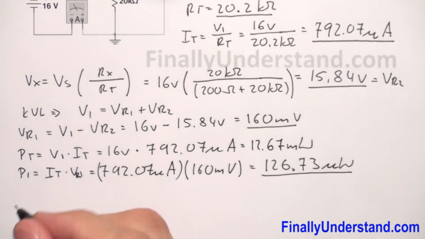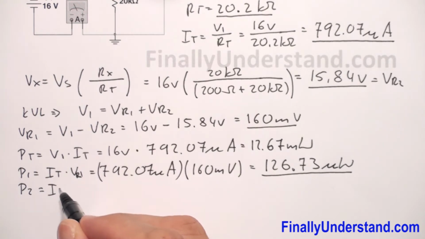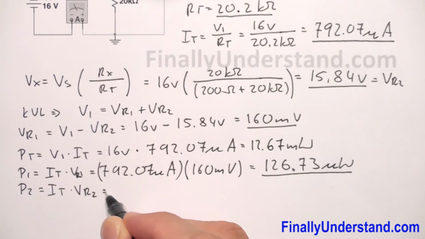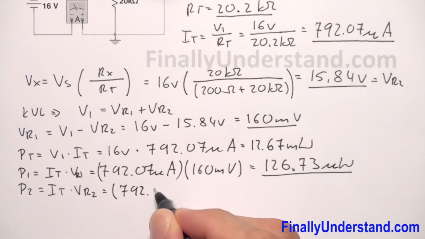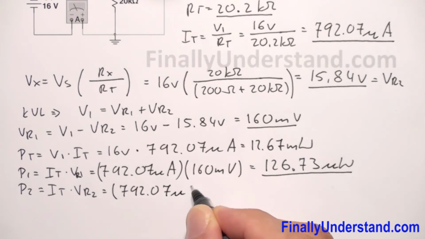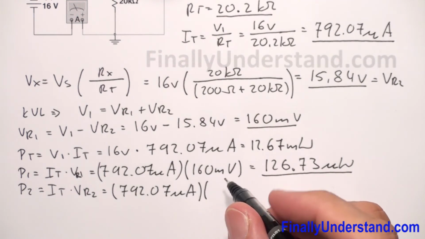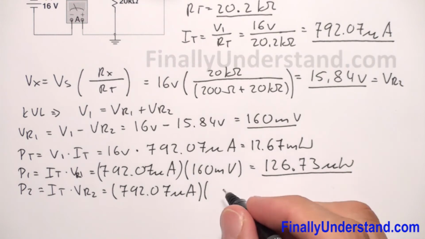Now I can find P2. P2 is equal to I total times the voltage across resistor R2. So I have 792.07 microamps times VR2, and VR2 we found is equal to 15.84 volts.